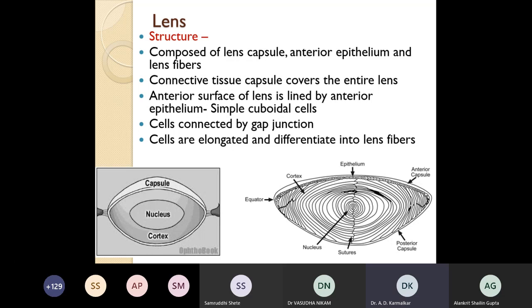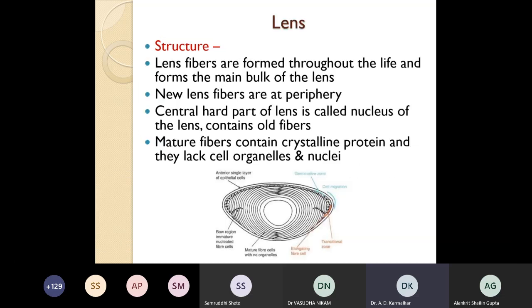As we go to the next slide, the lens fibers are formed in a continuous process throughout life. The main bulk of the lens is formed by the lens fibers, which, as you know, are the elongated cells of the anterior epithelium.